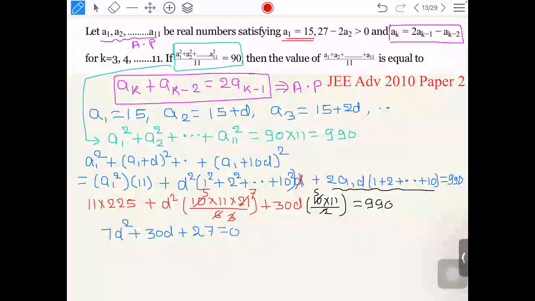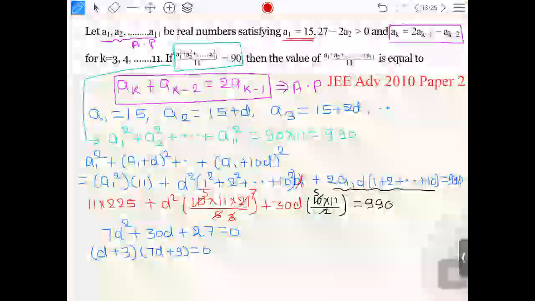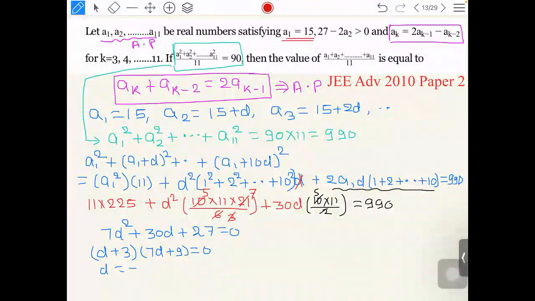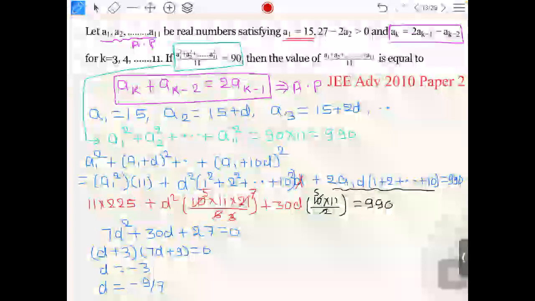When we factorize it, we get (d plus 3)(7d plus 9) is equal to 0. It will give us two values of d: d equal to -3 or d is equal to -9/7.